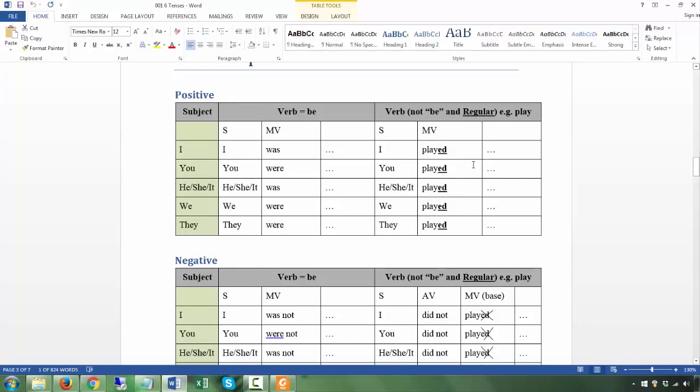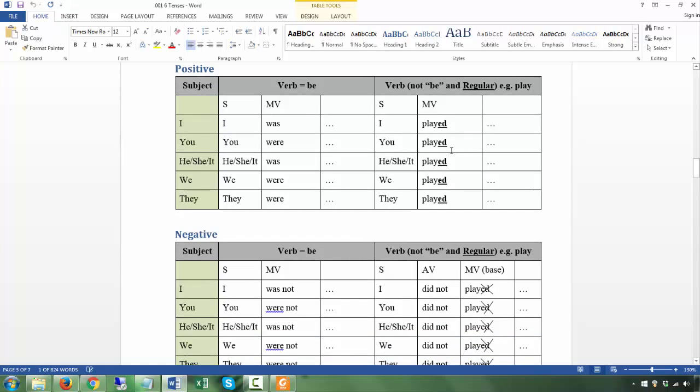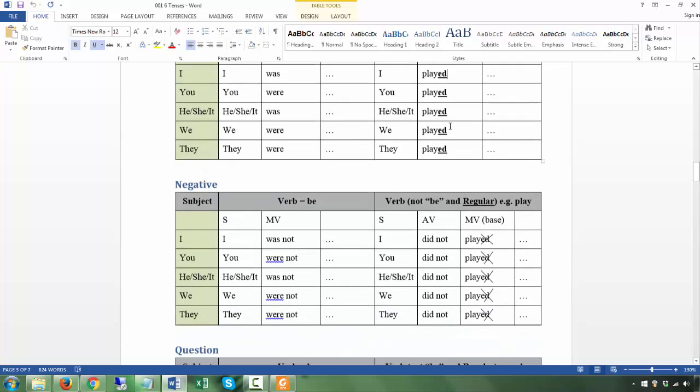Regular verbs are where, in order to create the form for the past simple, you just put D or ED, depending on the word, and then it becomes the past simple, right? Just like that. Play is a regular verb, right? So all you need to do in order to form the past simple is put the D or the ED, and then it becomes the past simple, right?